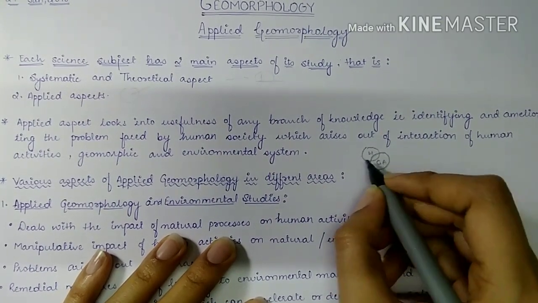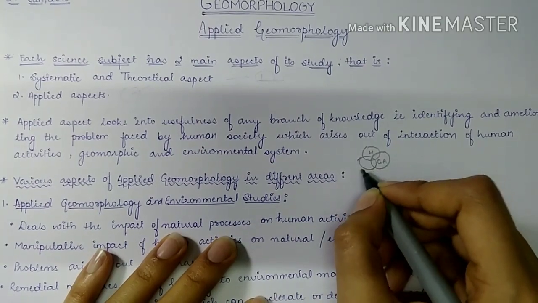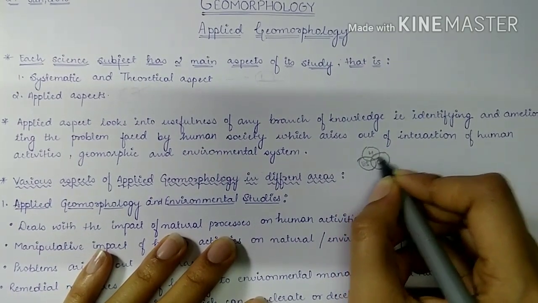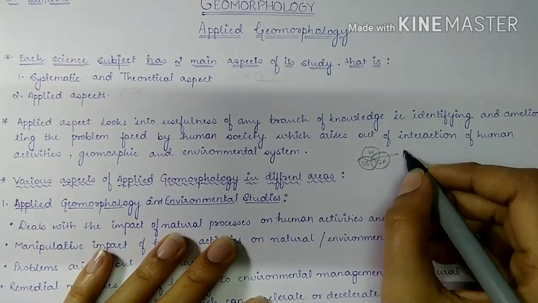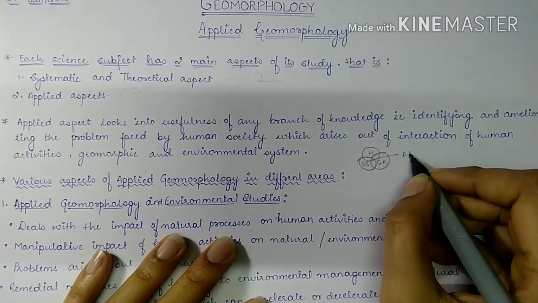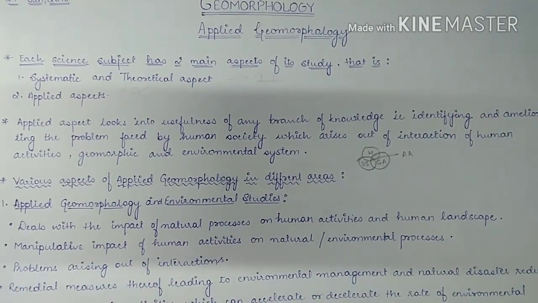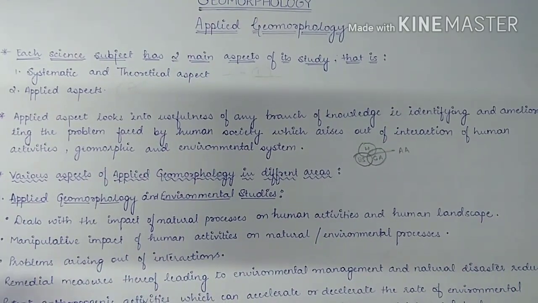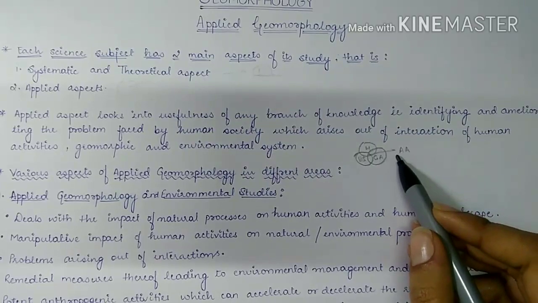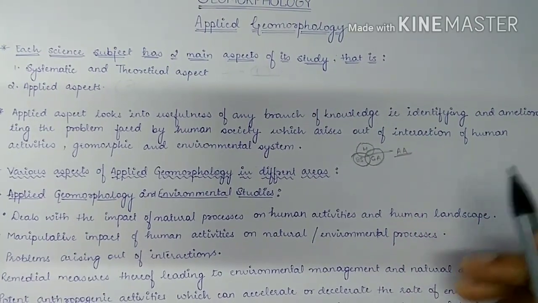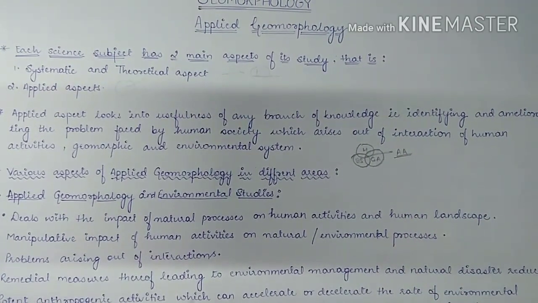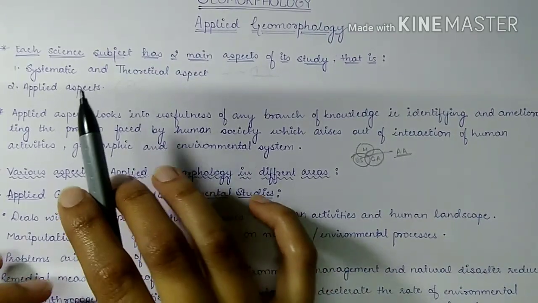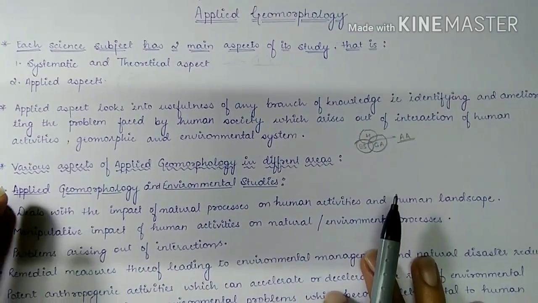So this is what comes in the applied aspect of geomorphology. The problems based on this are solved by using the knowledge of this branch, by using the theoretical aspect.